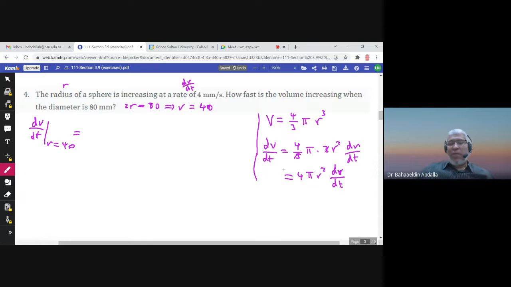And now let us find the dV by dt when r is 40. So it's 4 times pi times r, which is 40 squared, times dr by dt, which is 4. So the answer is 4 times 4 times 40 squared, and this is 25,600 pi mm cube per second.